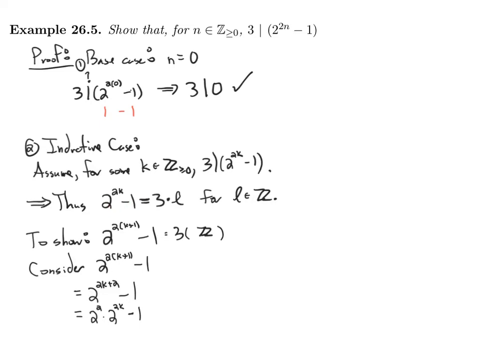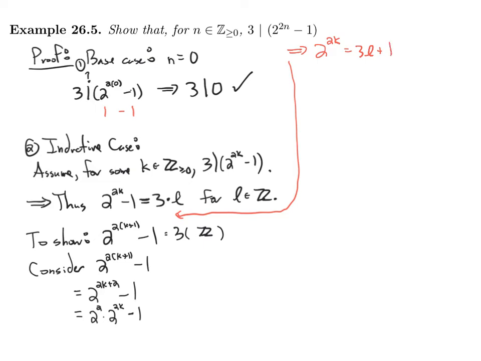But, and I said I'd leave some space, and I didn't, unfortunately. That's okay. I can just go up here and put it in. We can rearrange this for 2 to the 2k, that's a little bit easier to work with. So we can input this line that 2 to the 2k equals 3l, adding 1 to both sides, plus 1.